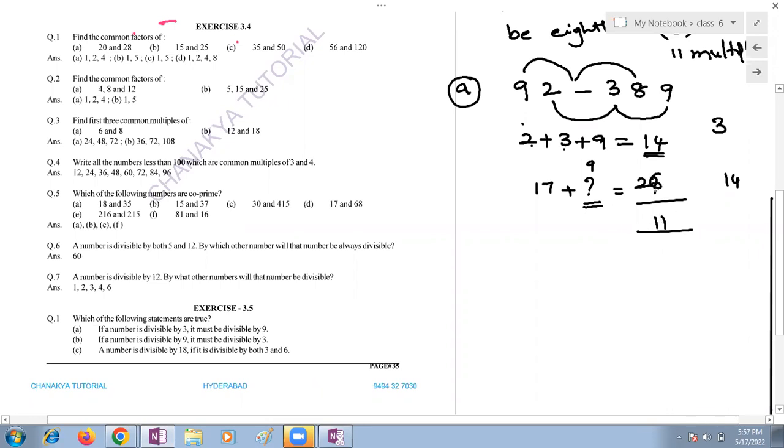It's not 11, yes or no? So this is wrong. We cannot take this pair.